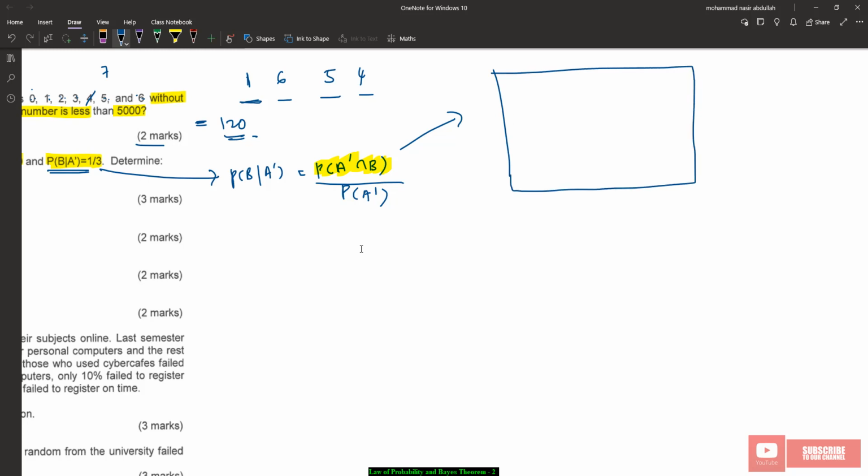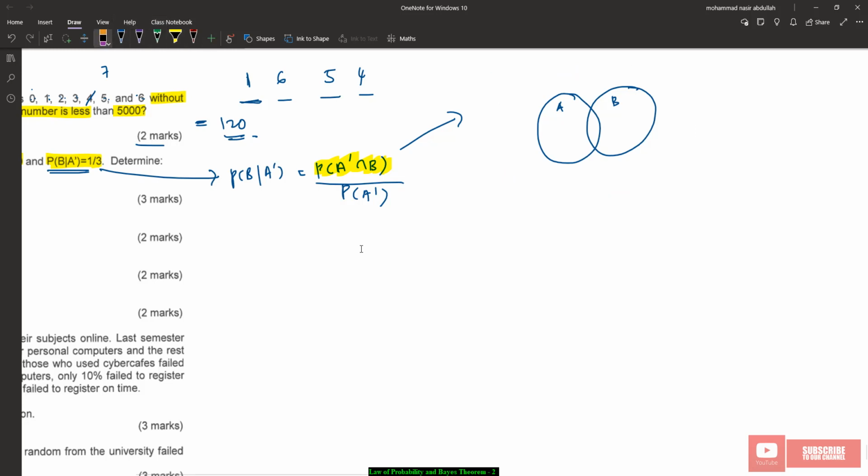Right? So in the Venn diagram, we have A, let's say this is A and this is B. A complement, where is the A complement? This is too big, I'll run out of ink. Make it smaller. Yes. Alright. Let's say I highlight A complement.